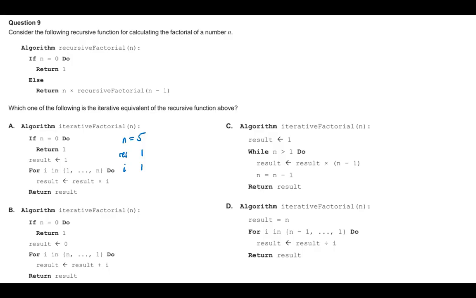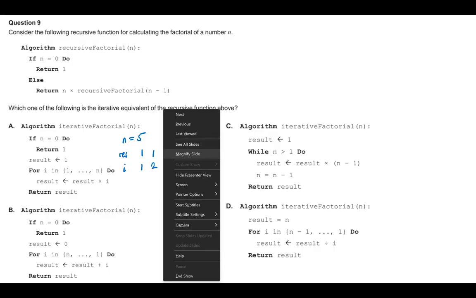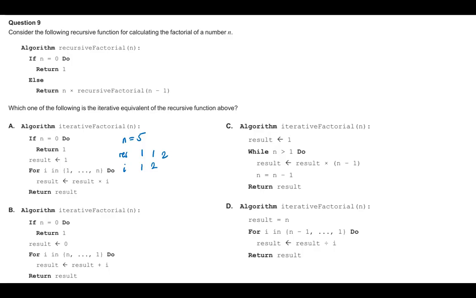So i is 1, 1 times 1 is 1. Then we have i equals 2. Result equals 1 times 2, which is 2. i equals 3. Result equals 2 times 3, which is 6.